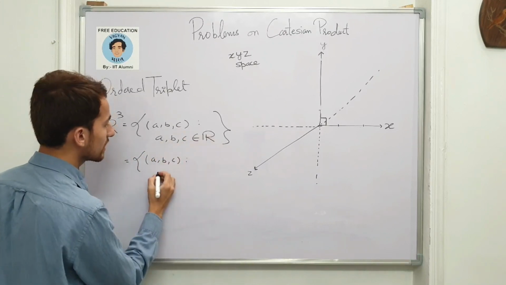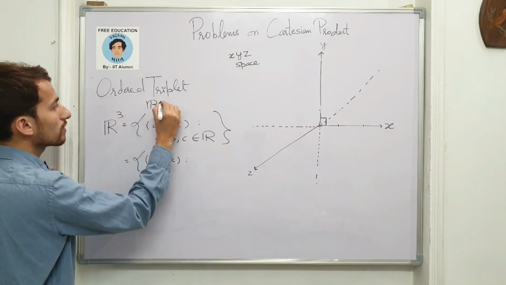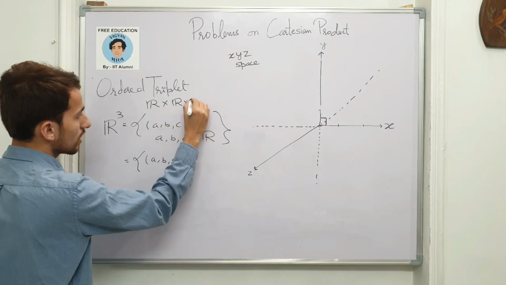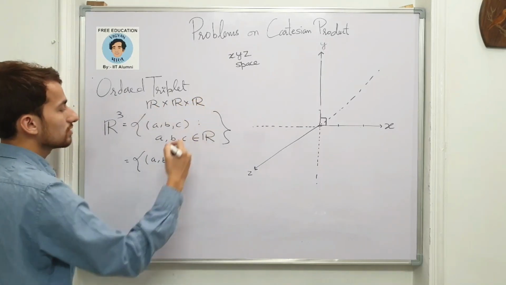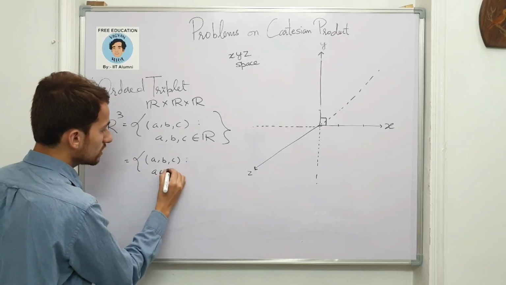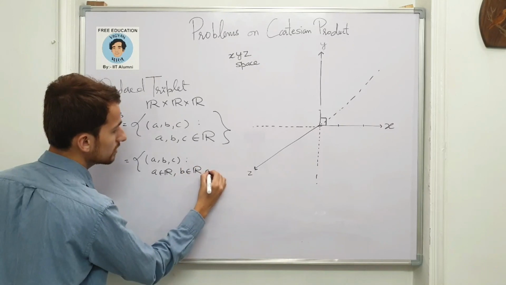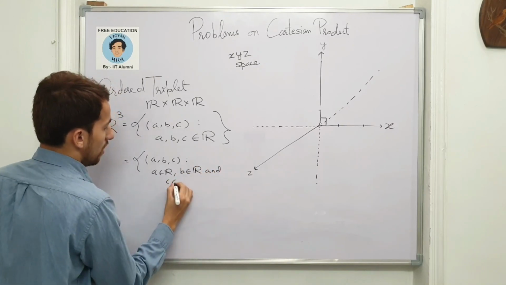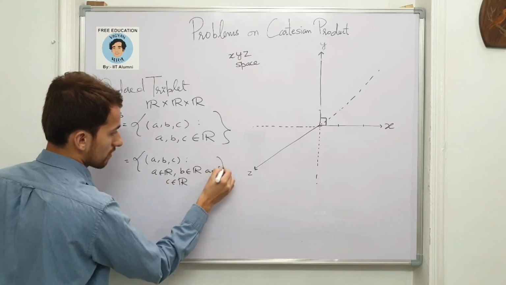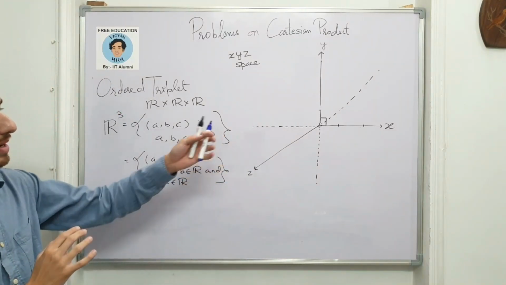For simplicity I write it directly, but otherwise it is understood that R3 is again a Cartesian product of the set of real numbers with itself 3 times. So this is this one, fine. This is R3. This is the geometrical interpretation.